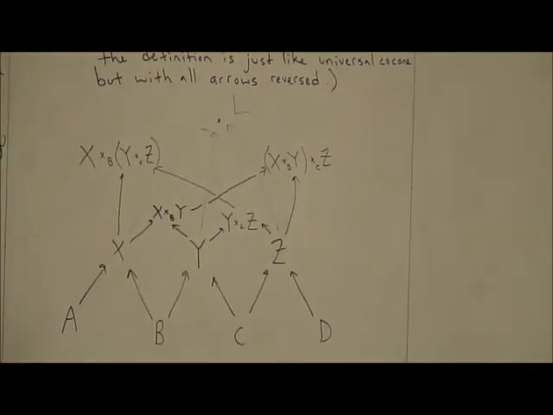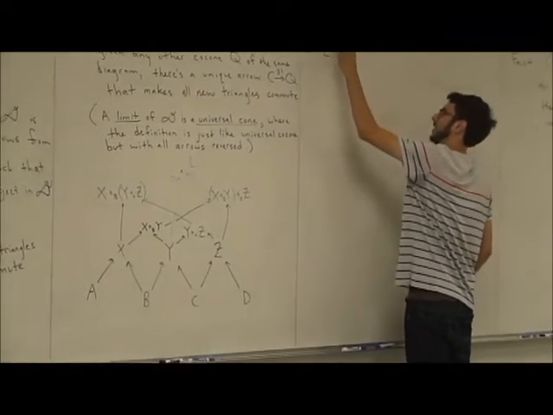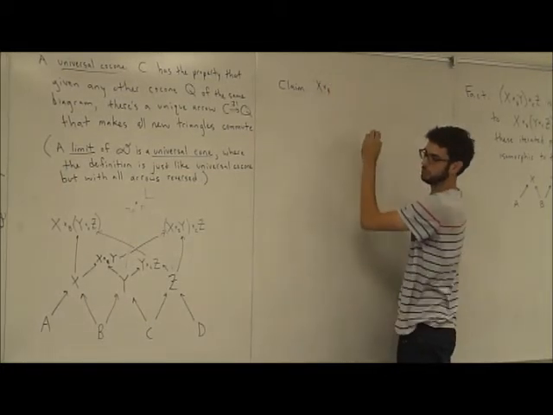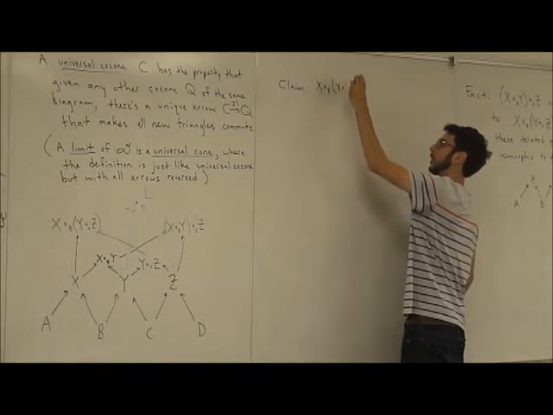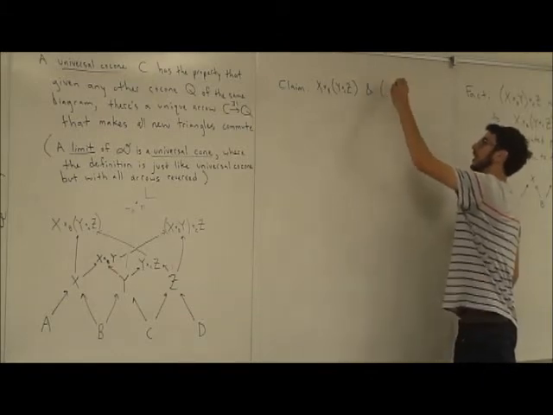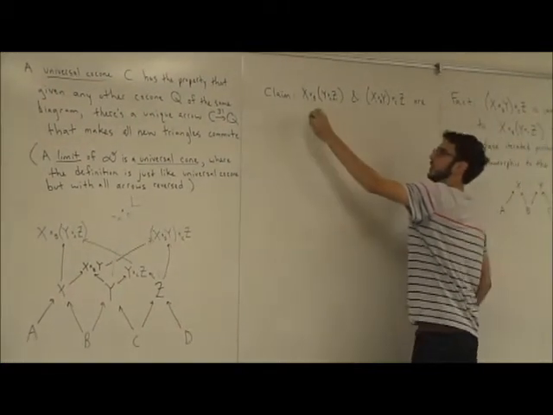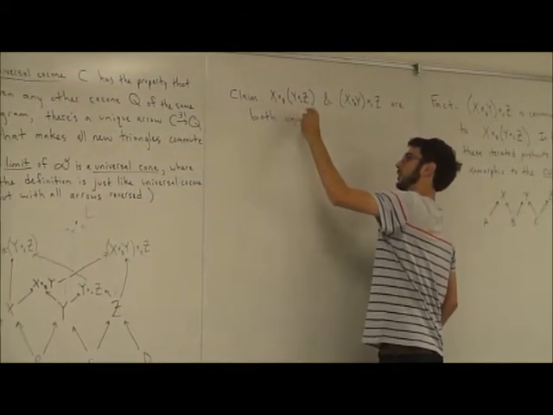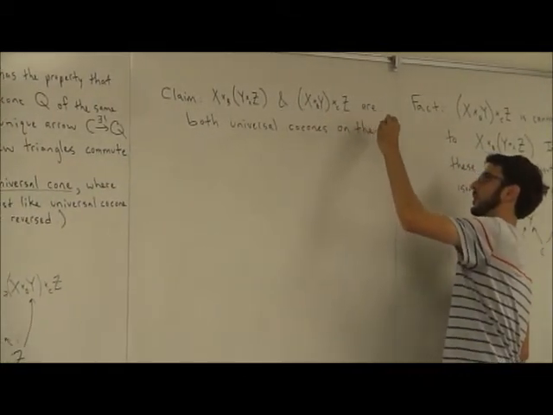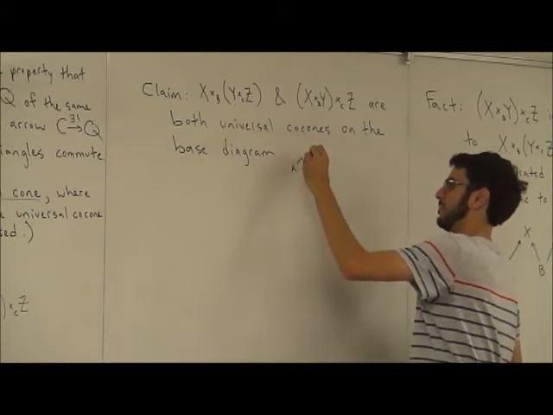Okay, so it starts to get a little bit messy. But here's the claim. X pushout Y pushout Z, and X pushout Y, pushout Z, are both universal cocones on the base diagram, the base diagram being this thing.